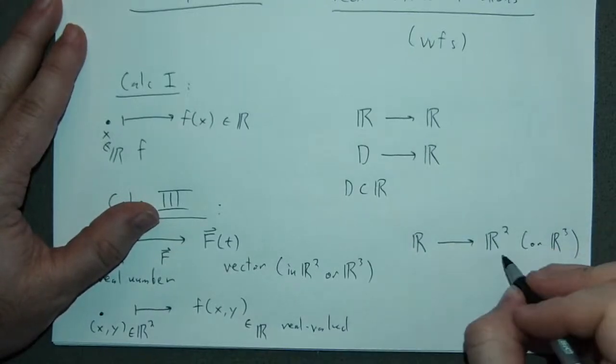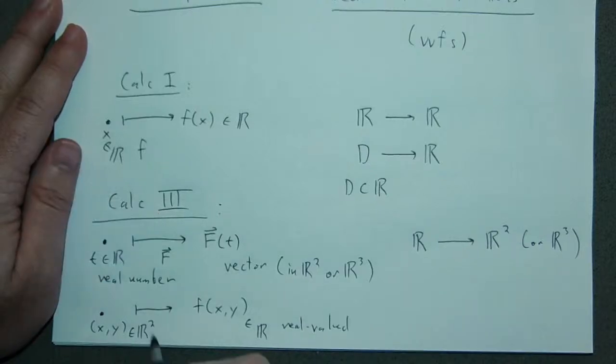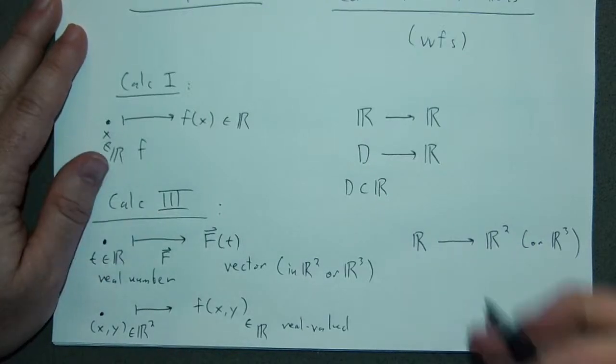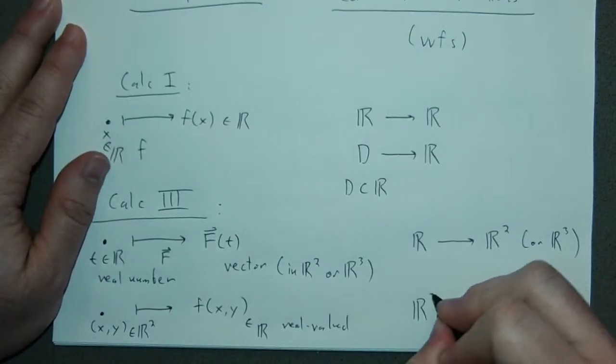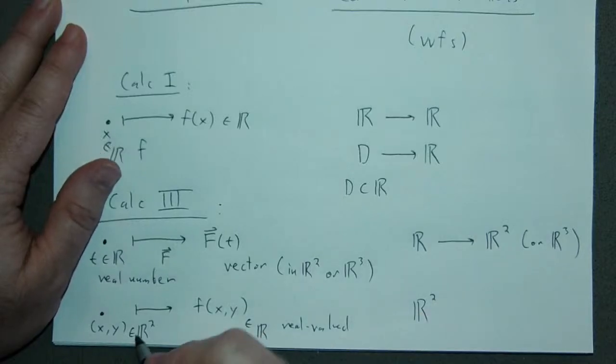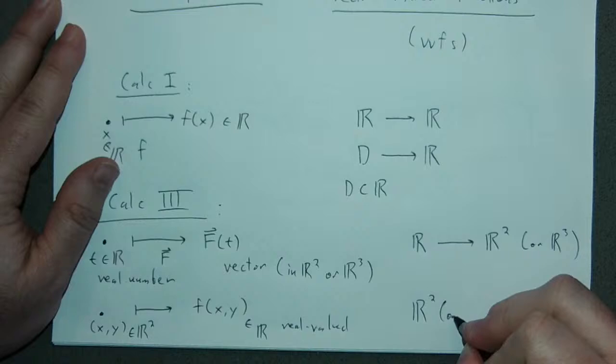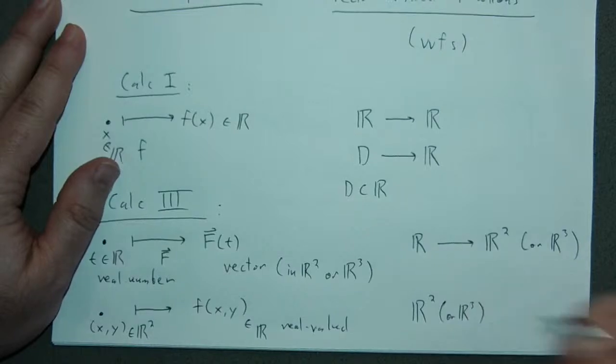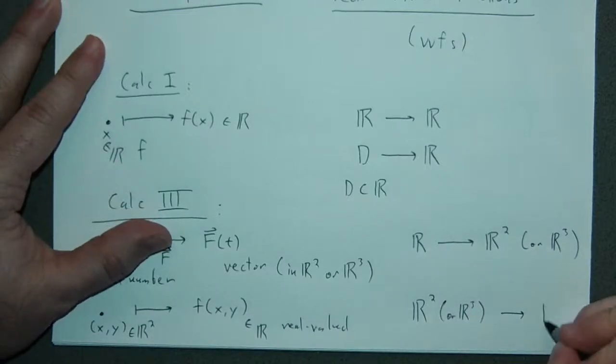So real number in, vector out. The thing that we'll talk about later takes in, say, a vector. And of course, we're also going to talk about functions of three variables, so maybe it takes in a triple of real numbers, and it spits out a real number.